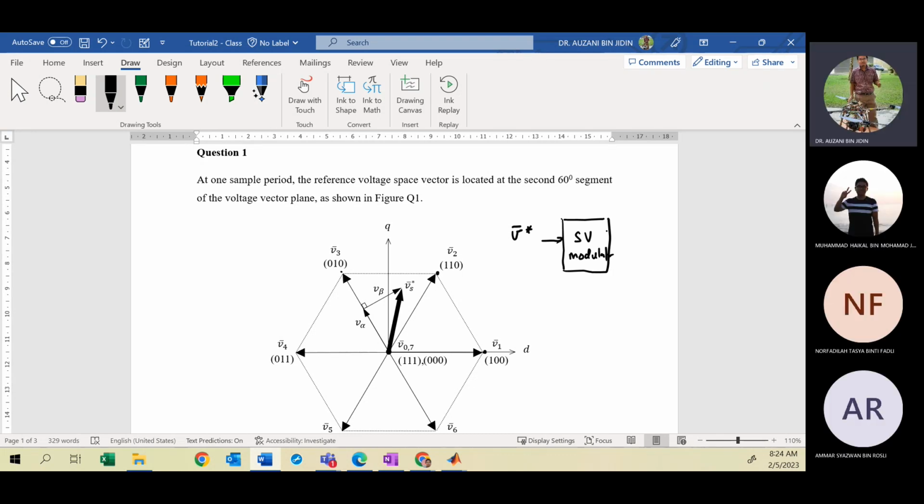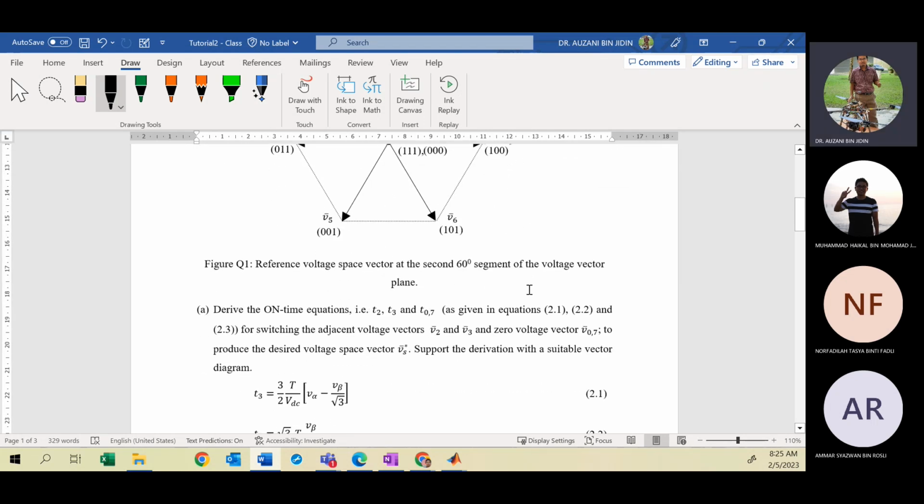The modulator is responsible for producing appropriate switching states to drive the top switch for each leg. SA for the phase A leg, SB for the top switch of the B phase leg, and SC for the top switch of the C phase leg. In this case, your space vector reference is located at the second 60-degree sector of the voltage vector plane.